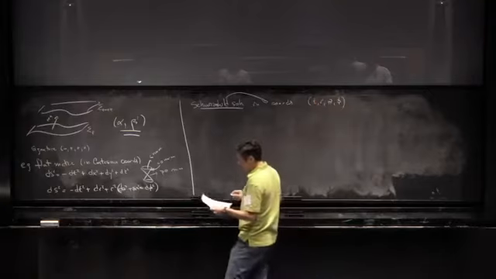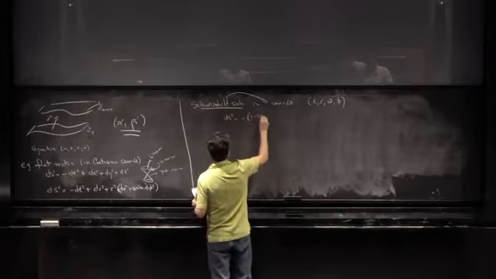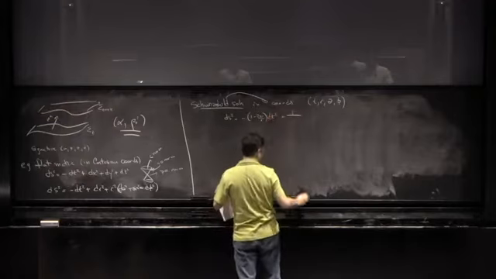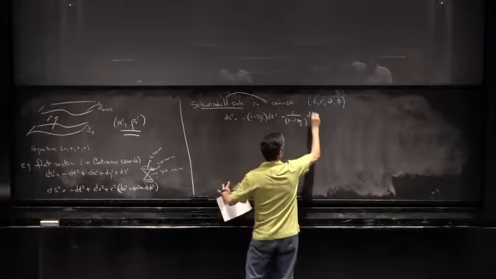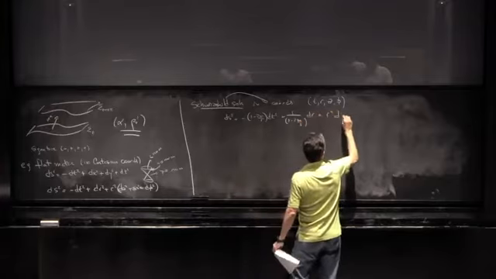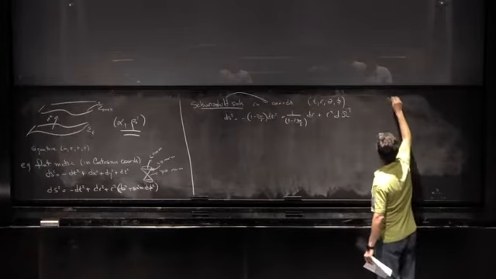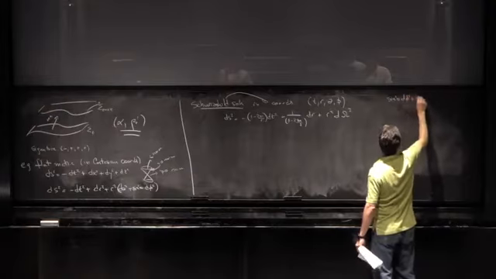Many of you would have seen this, but let me just try and make some connections. And I'm going to use that notation. d omega squared stands for just d theta squared plus sine squared theta d phi squared.